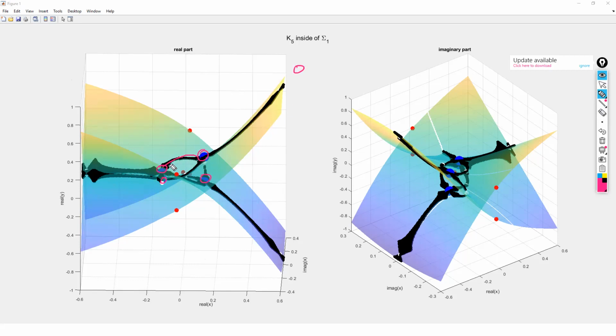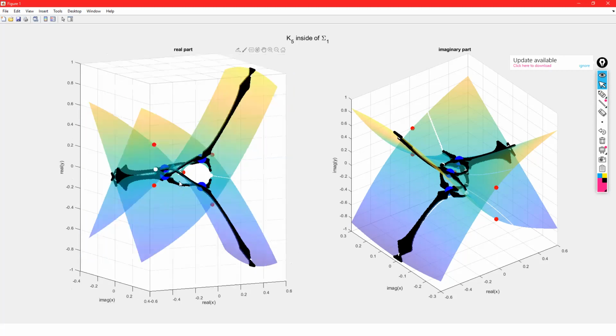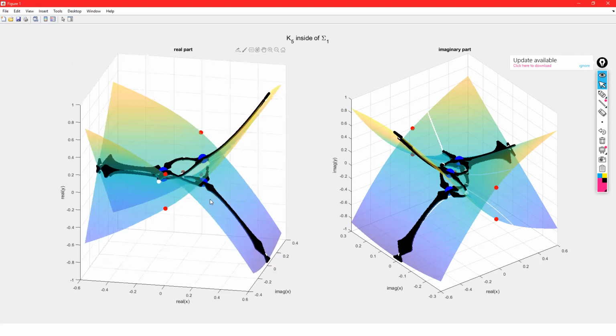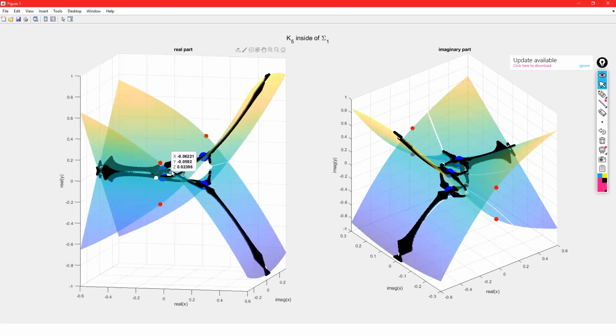Between each of them, I have an edge, right? So every blue vertex has 4 black edges coming out of it, and the same is true for every other vertex. So this is the complete graph on 5 vertices embedded inside of this algebraic curve, which is an elliptic curve, so it's a genus 1 curve.